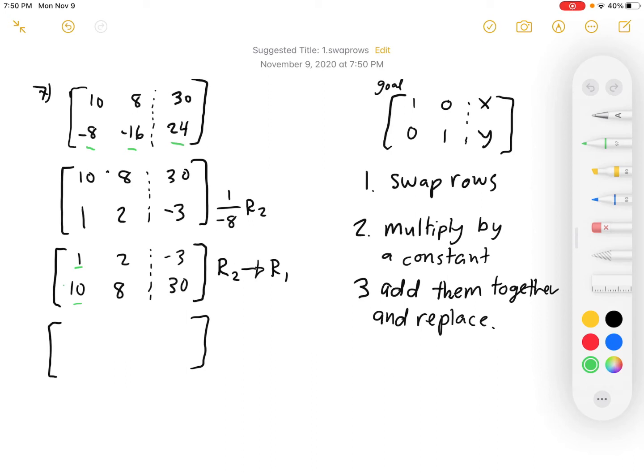So let's go ahead and multiply R1 by 10. Actually, let's multiply it by -10, because that's actually what we want. So let's go ahead. I'm just going to erase that and try again. We're going to multiply R1 by -10.